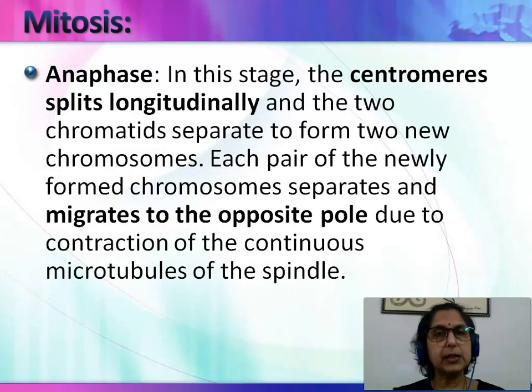In this stage, the centromeres split longitudinally and the two chromatids separate to form two new chromosomes. Each pair of the newly formed chromosomes separates and migrates to the opposite pole due to the contraction of the continuous microtubules of the spindle.